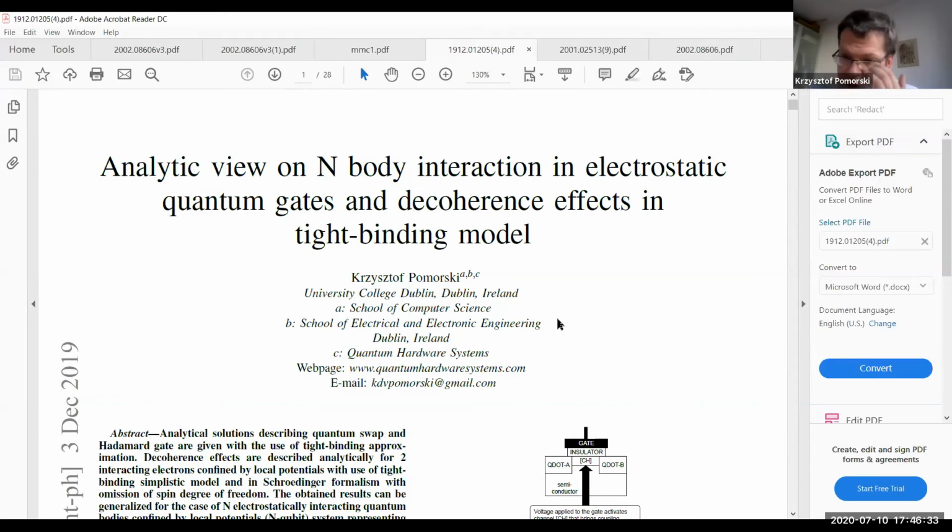But this decoherence effect will simply mean not the escape of an electron from a given origin, but just an uncontrolled evolution of a quantum state due to external Coulomb interaction.